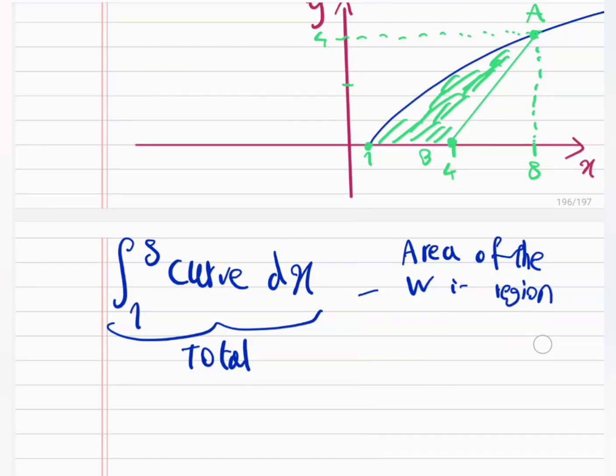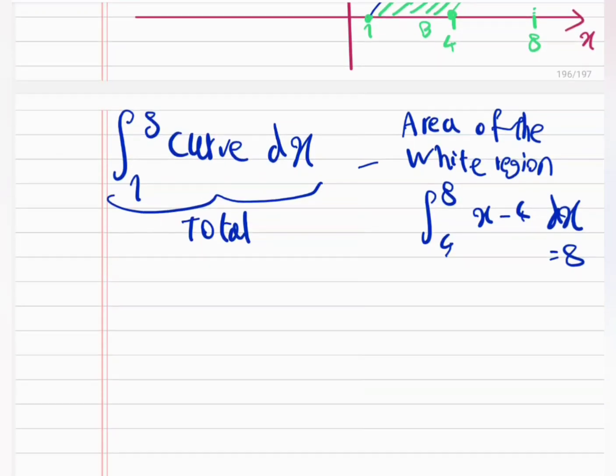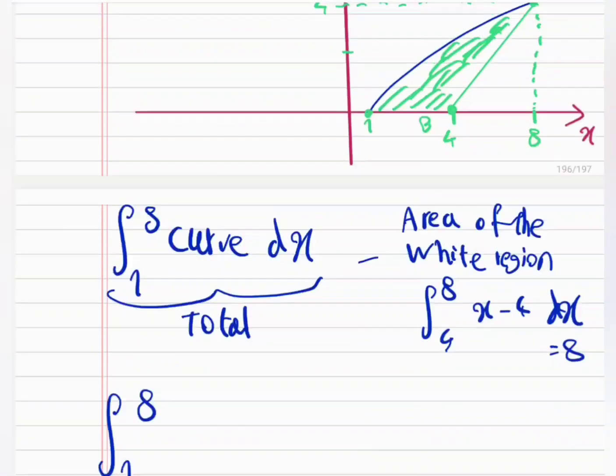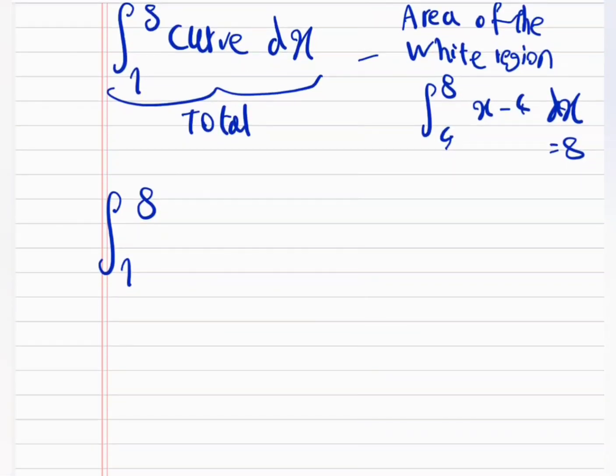Okay, so now let's write down the actual integrals. So first we have the curve. So the curve has the equation x to the power of 2 over 3 minus 2 over x to the power of a third, or we can just immediately change this to minus 2x to the power of minus a third plus 1 dx.